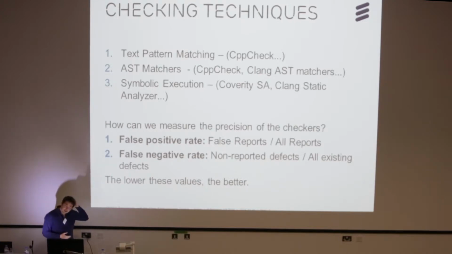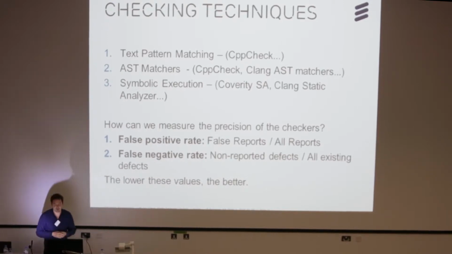That is actually a path-sensitive analysis. It does a simulated execution of your software, but it prunes down the impossible parts of the execution. It also symbolizes variable values and memory regions with symbols, and keeps track of constraints on these values. Coverity static analyzer and Clang static analyzer fall into this category.